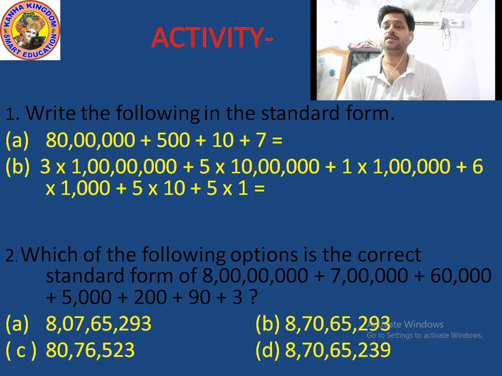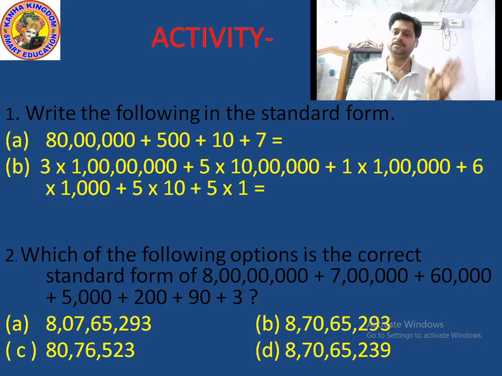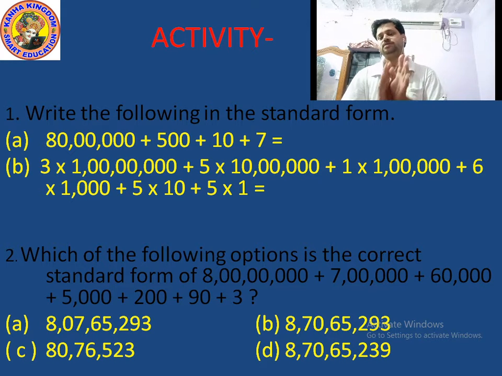So whatever I explained in the class, you have to do the same thing here. You just multiply all the numbers, whatever the digit is given.